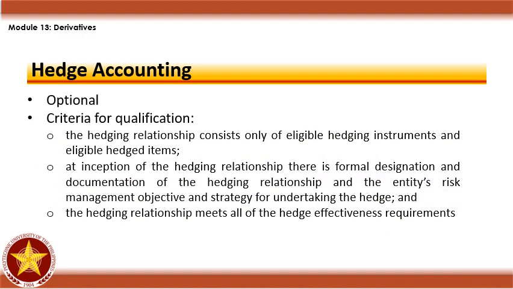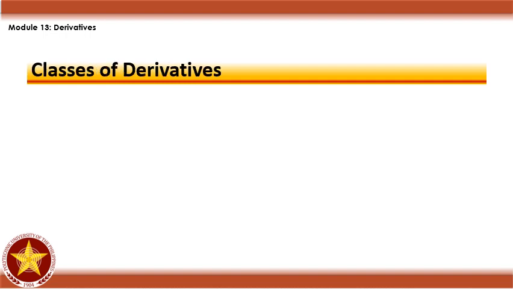And then, may mga qualifications para mag-hedge accounting ka. The main advantage of documenting your hedging transaction as hedge accounting is kaya mong mag-recognize through OCI for certain qualification. So, titingnan natin yan mamaya pag nag-accounting na tayo. Pag nag-sample tayo ng problems.